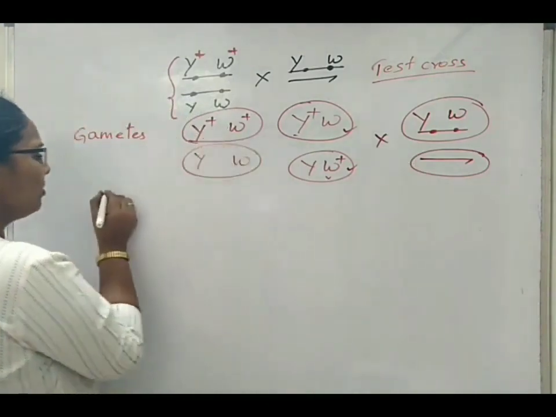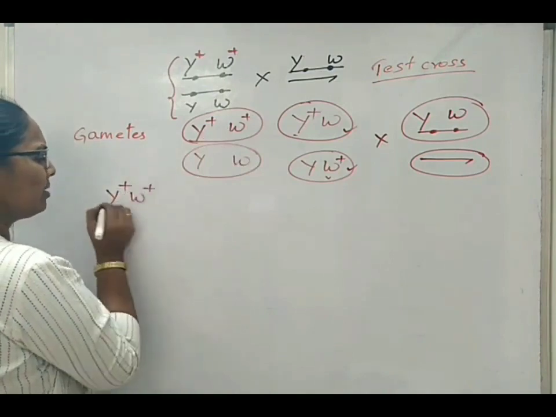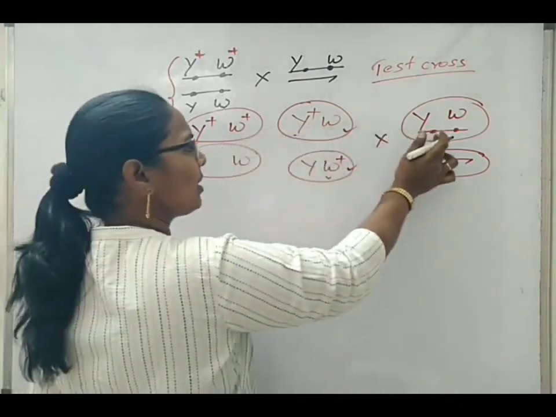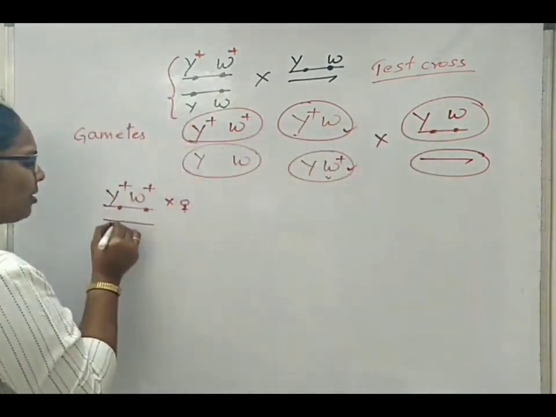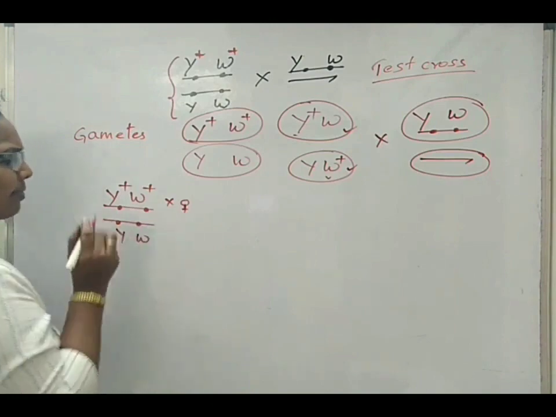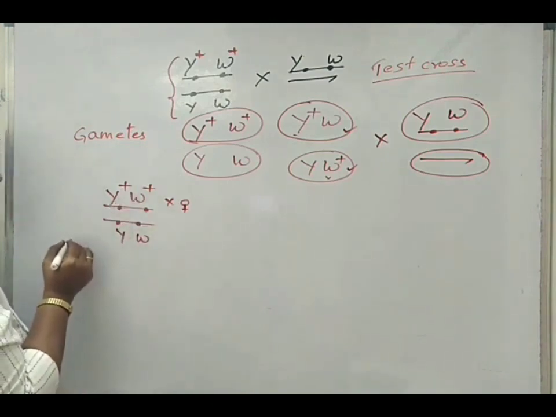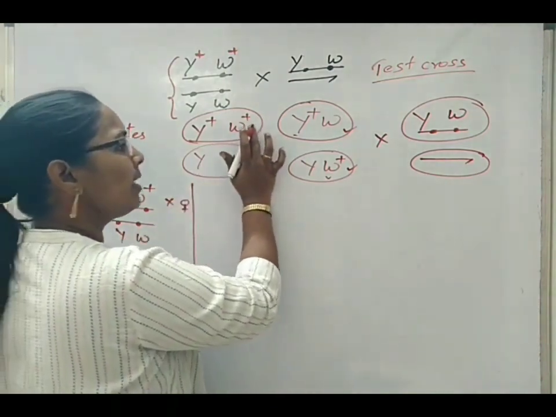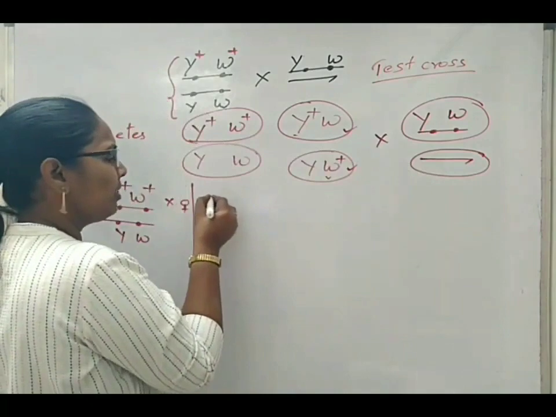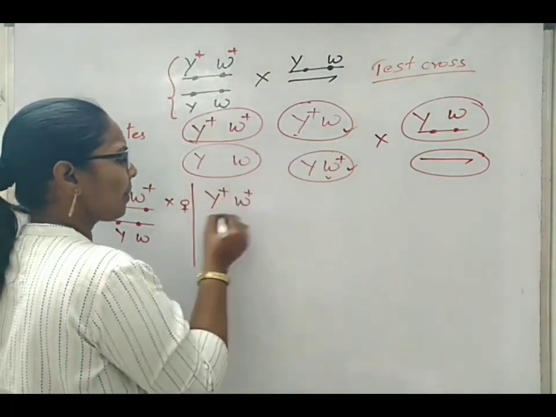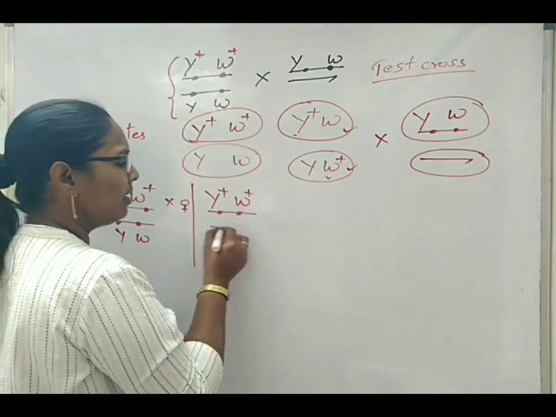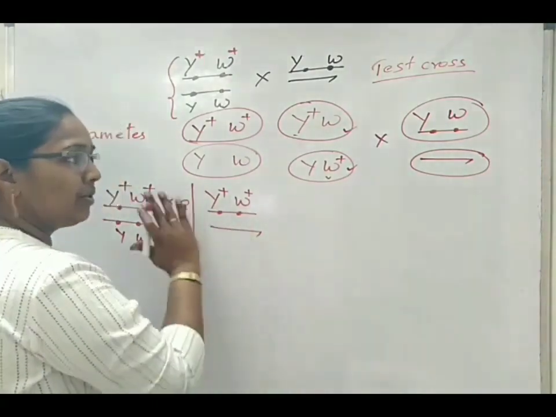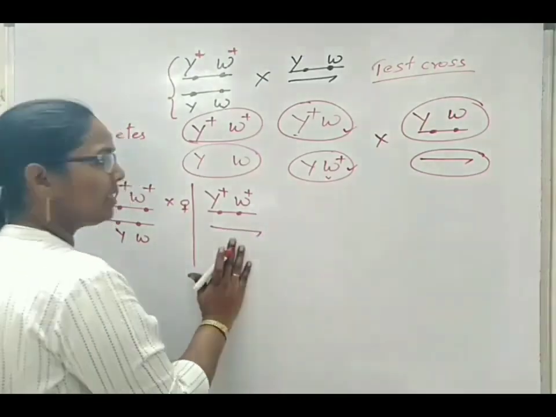If we cross this one, Y plus W plus, this is the X chromosome of a female that is fused with the X chromosome of male. Then the combination is like this. It is considered a heterozygous female. This is one type. Now, when the same type of dominant alleles are paired with the Y chromosome, we get the X chromosome of a female and the Y chromosome. This is considered a male Drosophila. That is the natural one without any recombination. We can say this is a parental type.